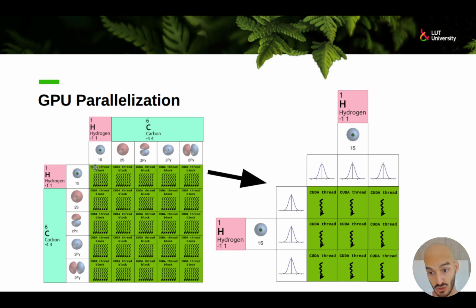And this is logical because every single shell interacts to other shell independent of the third-party shell. So there are just two shells interacting, and that interaction is fully calculated using a single CUDA thread block. Inside the single thread block, I have 32 threads, and every single thread calculates one aspect of the shell-to-shell integral.